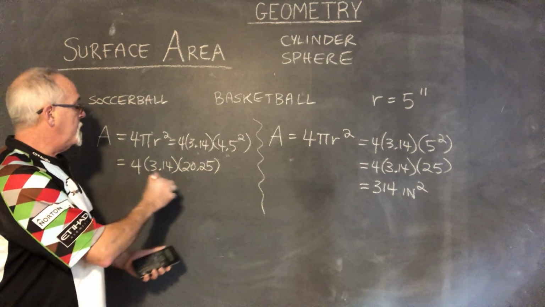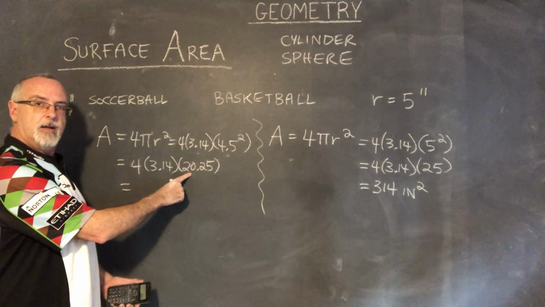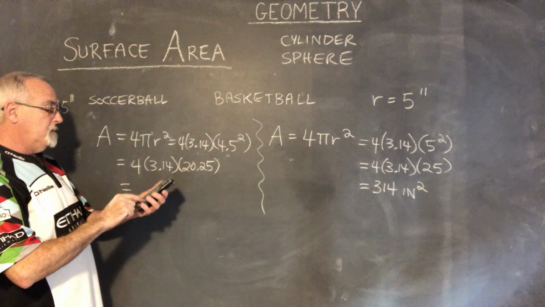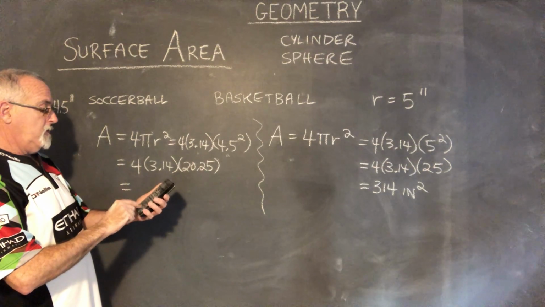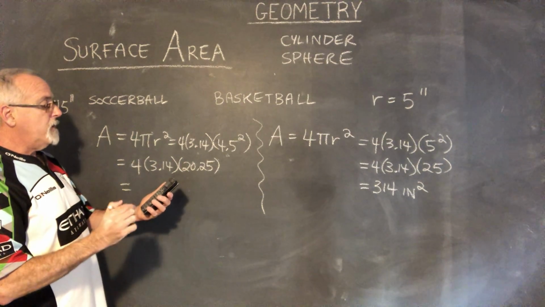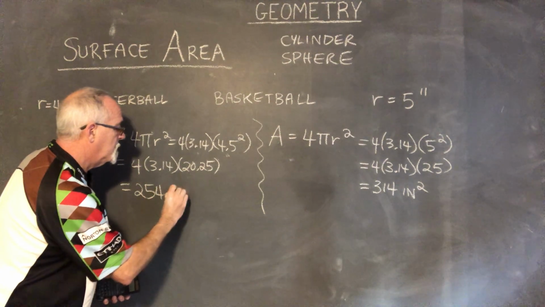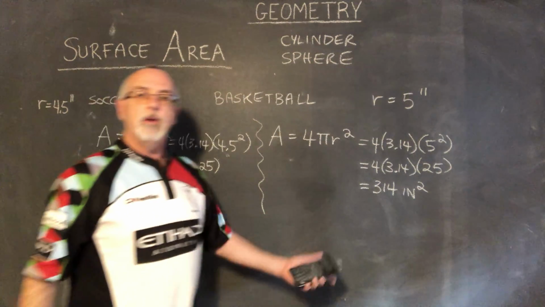Yes, 20.25, and now I can multiply times 4, that's going to be 81. But I'm not going to do that last multiplication in my head. So I'm doing times 4 times 3.14, 254.34 square inches. A little bit smaller, but we expected that.